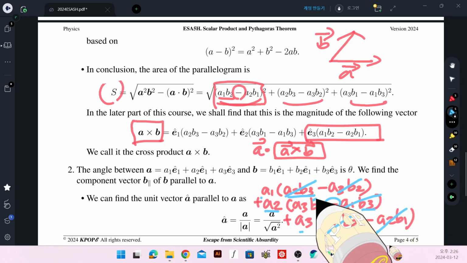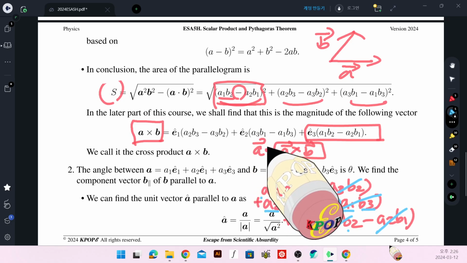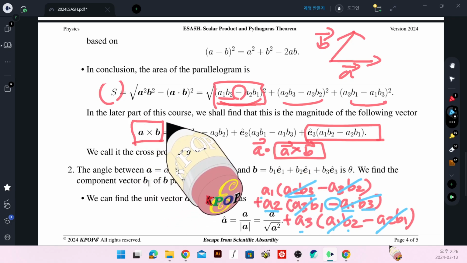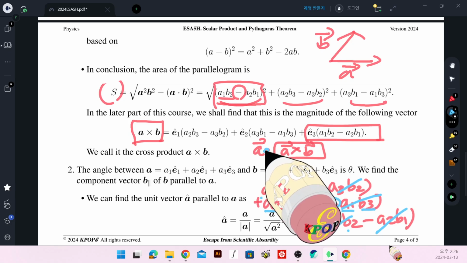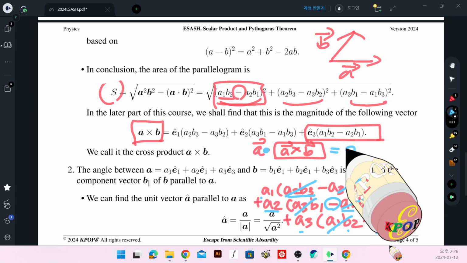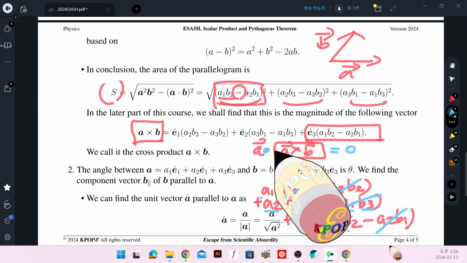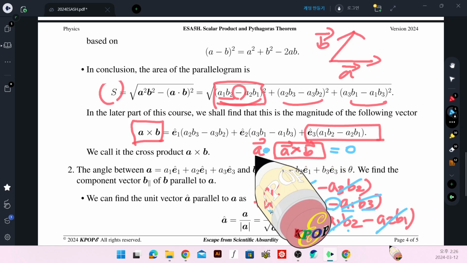So these two terms cancel. Therefore, the scalar product of A cross B, which is defined like that, with the vector A is exactly 0. This means this cross product is perpendicular to the vector A.